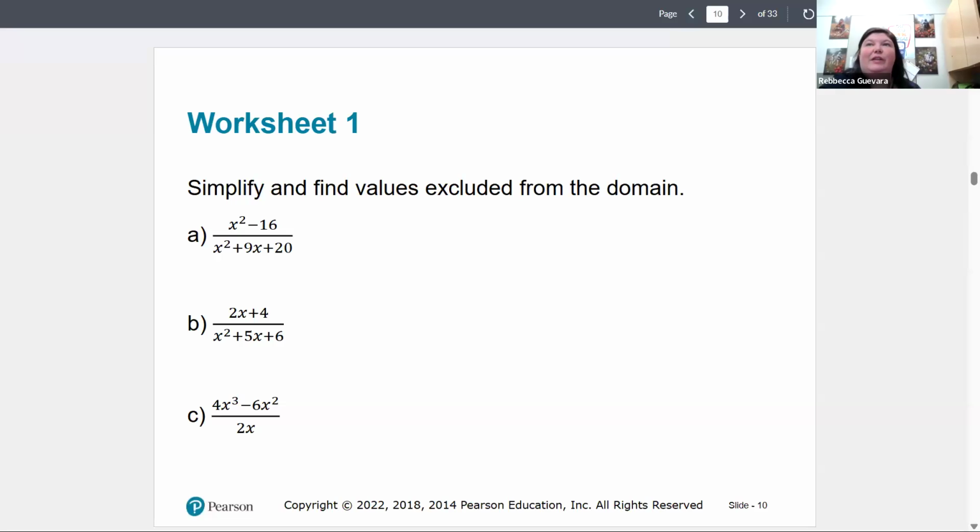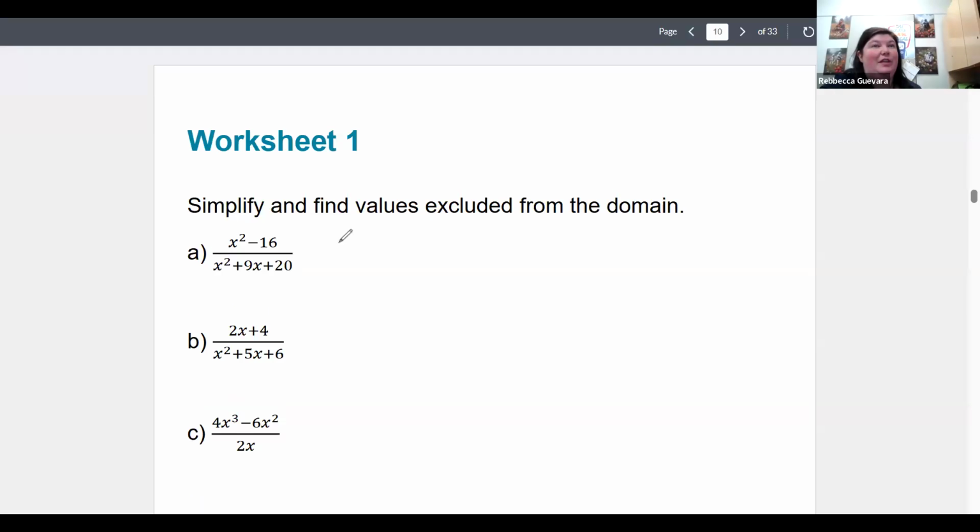Okay, so we'll start with A. So if we talk about the domain, we're going to take x squared plus 9x plus 20 and set that equal to 0. So it's always the denominator. So two numbers that multiply to give me 20, but add to give me 9. Well, that'd be x plus 5 and x plus 4.